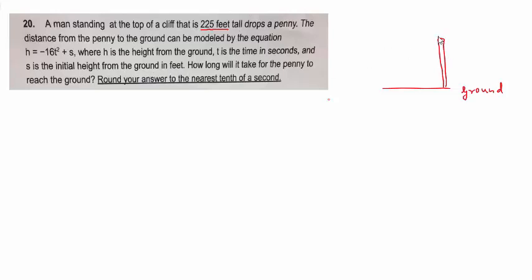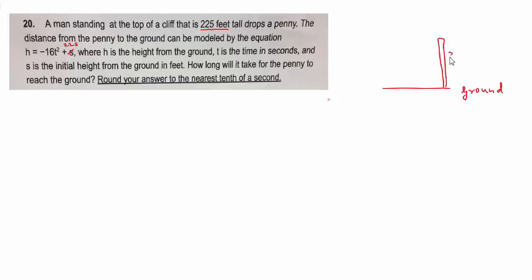So what's the initial height? The initial height is s. And it's given that the cliff is 225 feet tall. So basically, this is the cliff. This height is s, the initial height from where the coin is dropped, and that is 225. So this s in this equation, we can easily replace with 225 feet.